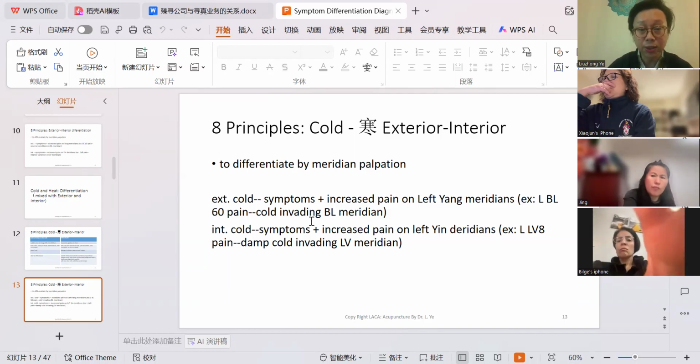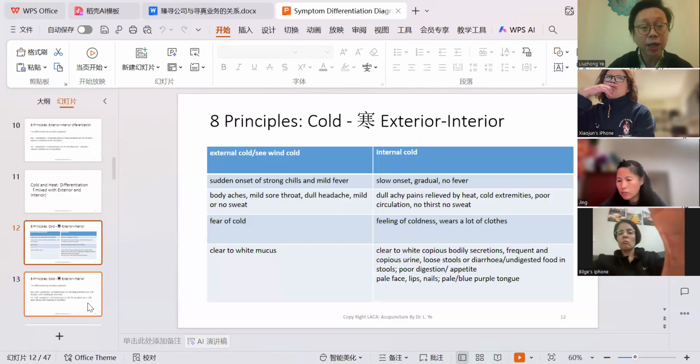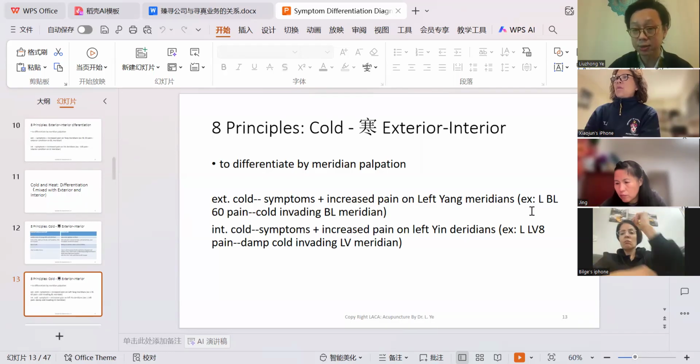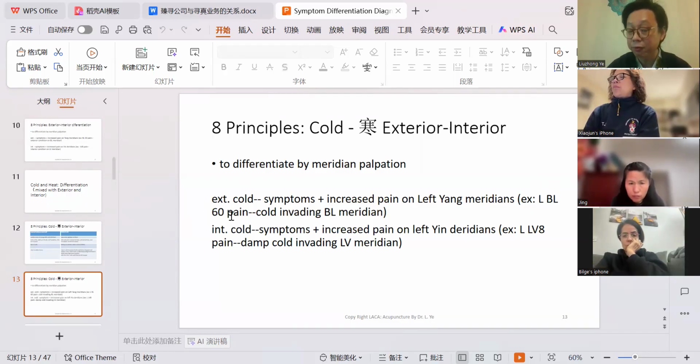So for example, external cold symptom, like the symptoms mentioned here, plus increased pain on left yang meridians. For example, on the left bladder 60 is painful, then we can call it cold invading the bladder meridian.